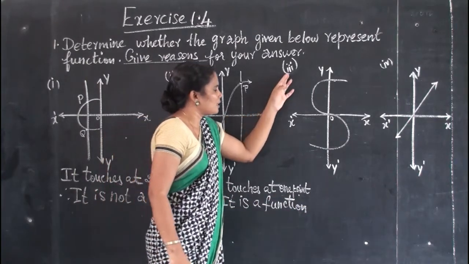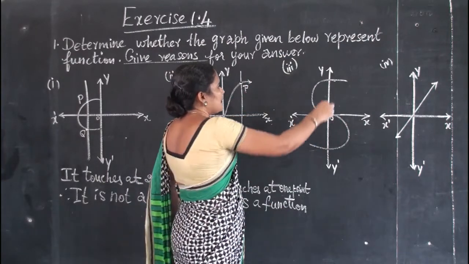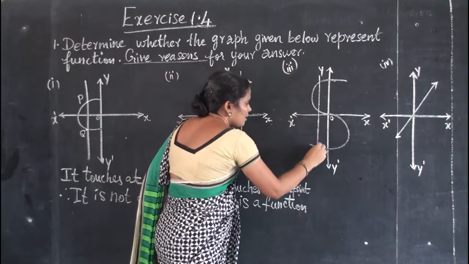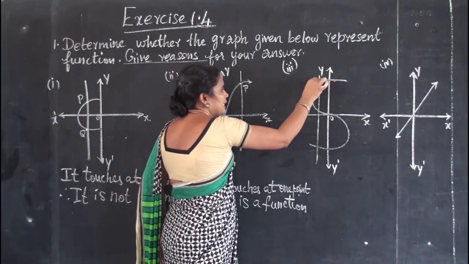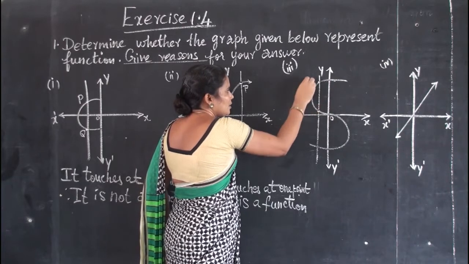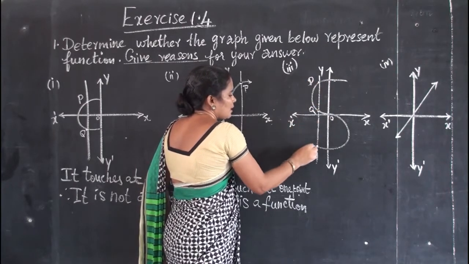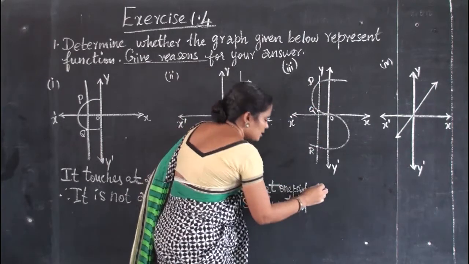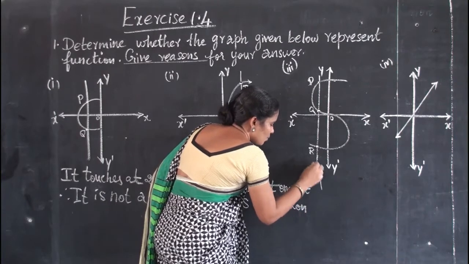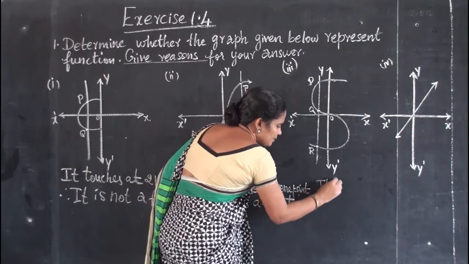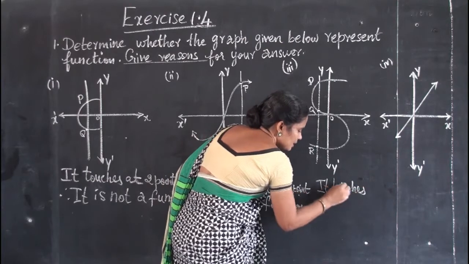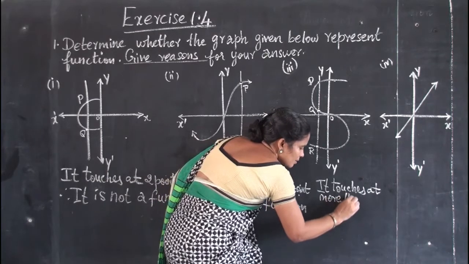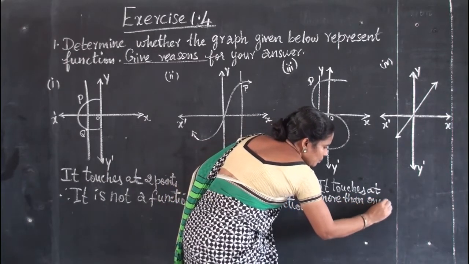Okay, question number 3. Draw a vertical line, not only on this side, you can draw it here also. Now you can see it touches at 3 points: 1, 2 and 3. 3 points, more than 1 point. So it is not a function. What reason can you give?